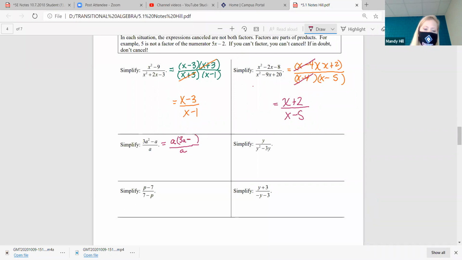If I take this A out of this A, I still have something. It's a 1 because A divided by A is 1. Can't not put that. So 3A minus 1. Now you can see that we've got A and A on the top and bottom, so the final answer is 3A minus 1.